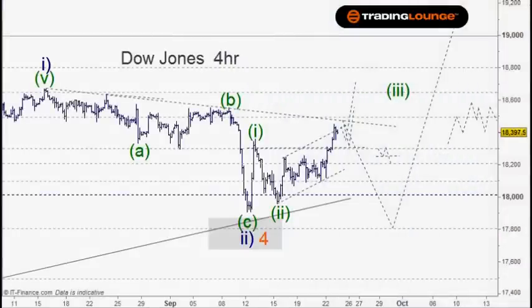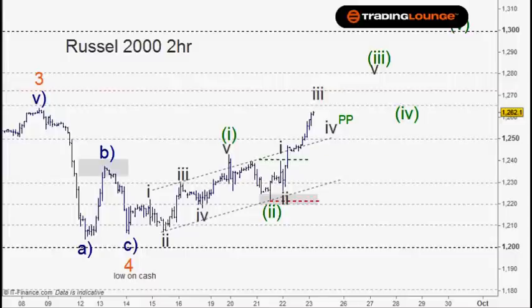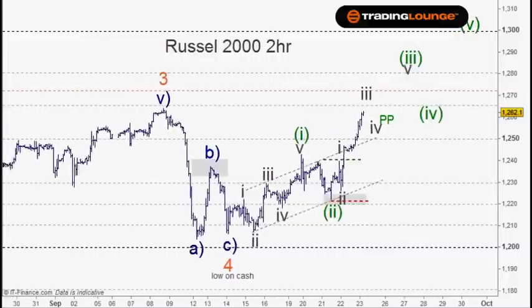Find the Russell. I'm just looking at this on the 2-hour chart as well, but also this is quite positive. Well, we know that the Russell is really quite strong, and has not led to the upside, but has been quite dominant in being quite strong.